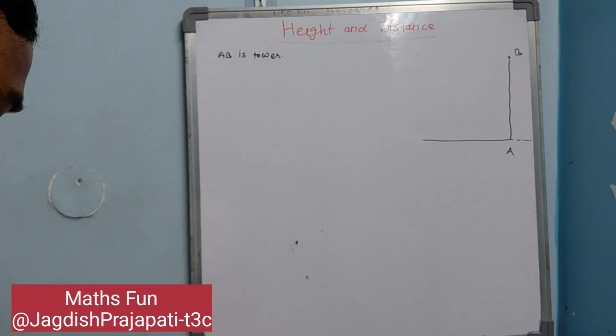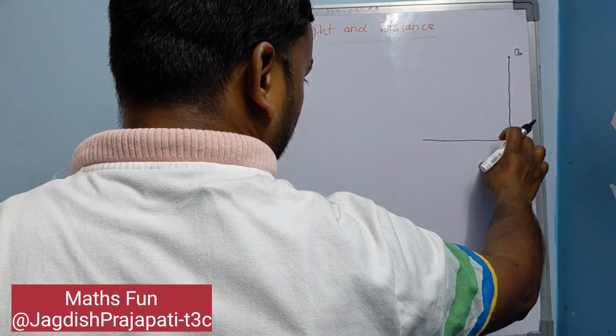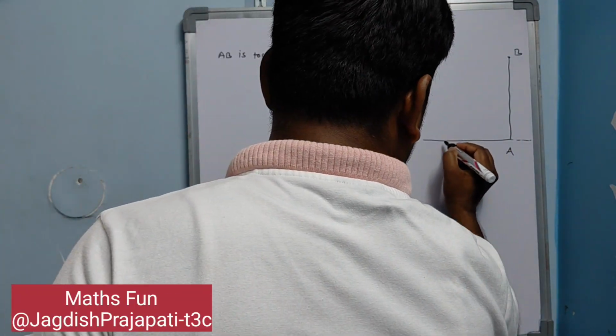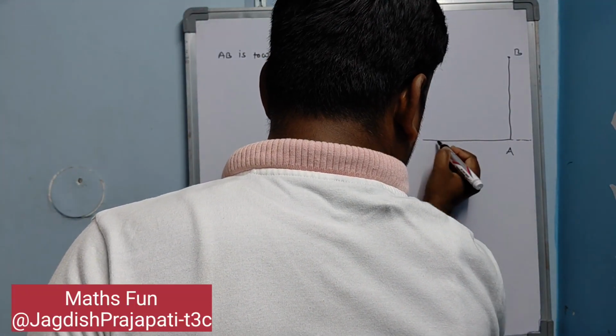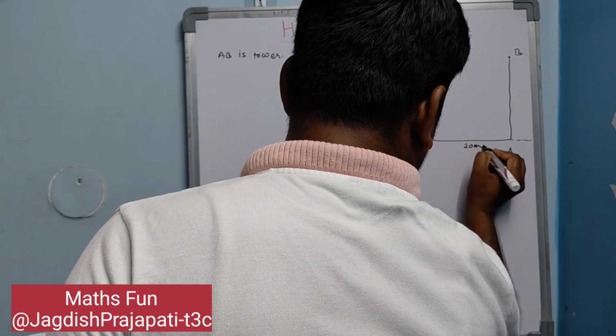From a point on the ground 20 meter away from the foot of the tower. AB is the tower, so this will be the foot of the tower. So 20 meter away from the tower on the ground, in this direction. So this is 20 meter.